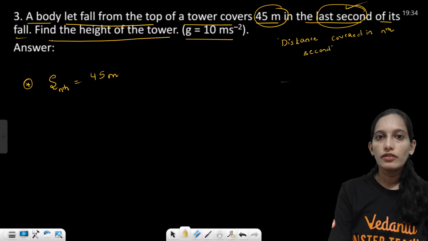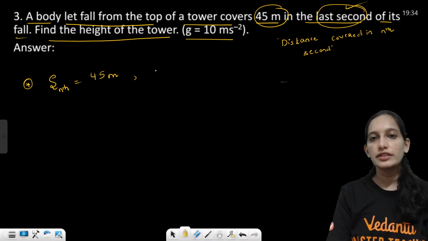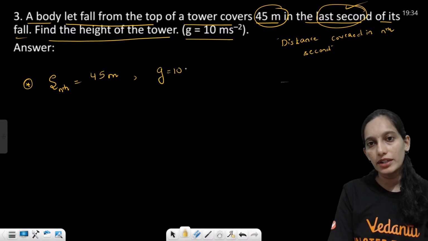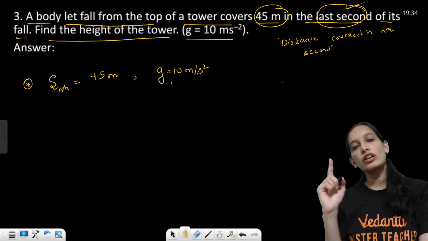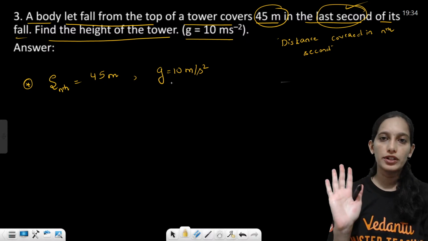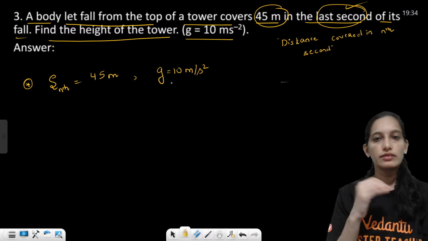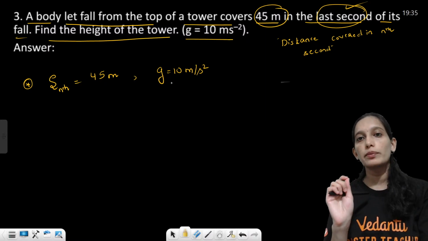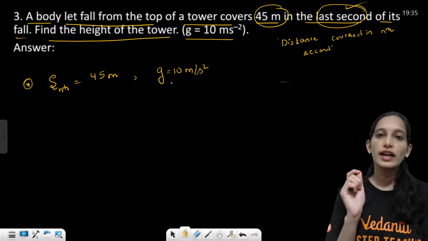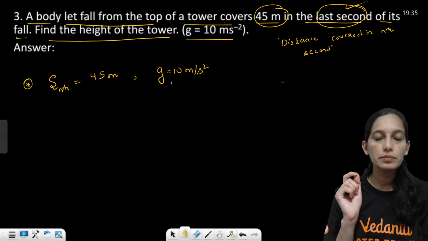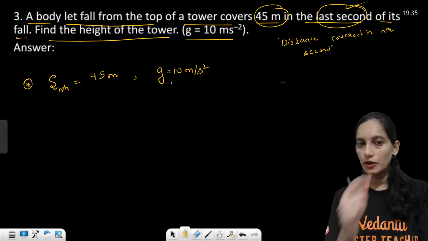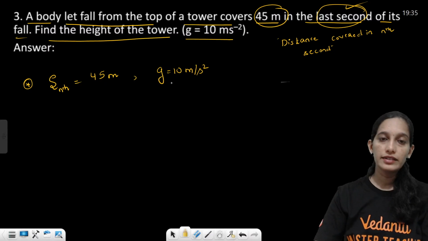Find the height of the tower, and they have given the g value as 10 meter per second square, so take that. If they don't give you, in all your board problems you have to take it as 9.8. If they mention 10, fine, take it as 10. If they don't mention, you are supposed to take g as 9.8 meter per second square. That is one important thing.